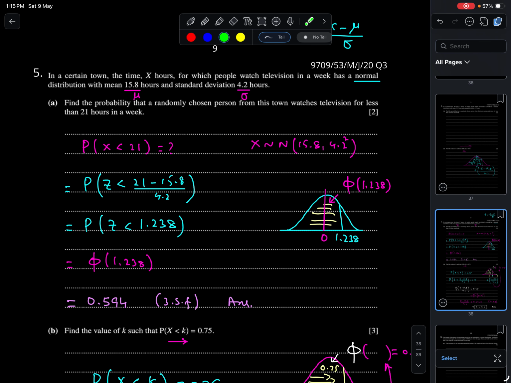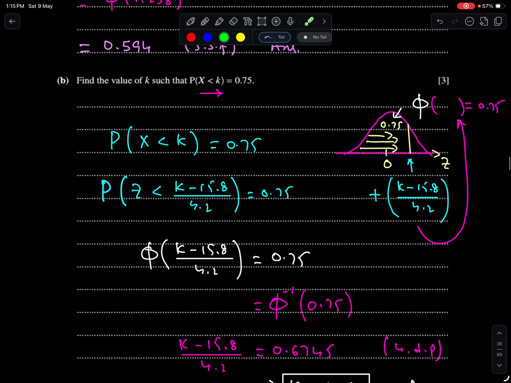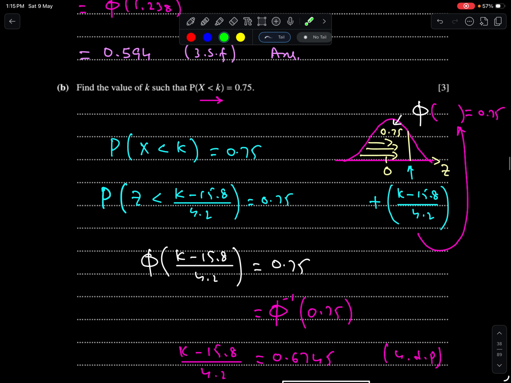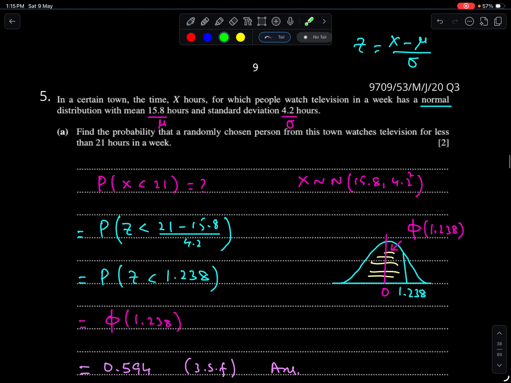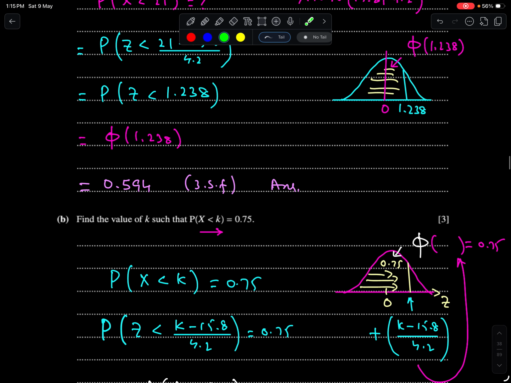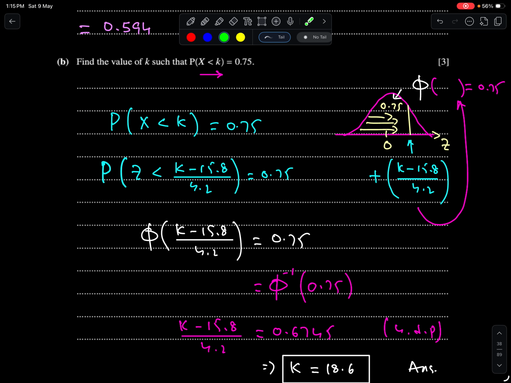Now questions. This is the inverse normal question. X is less than k, we need the value of this and the probability is given. So convert this statement into Z first. K minus mean, it's given. Mean is 15.8, standard deviation 4.2. Now shade this area in this direction because of the sign of inequality.